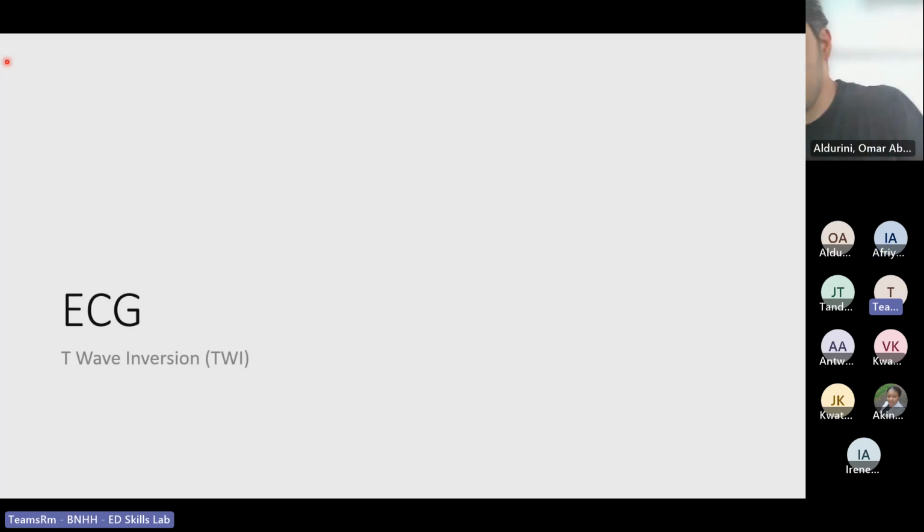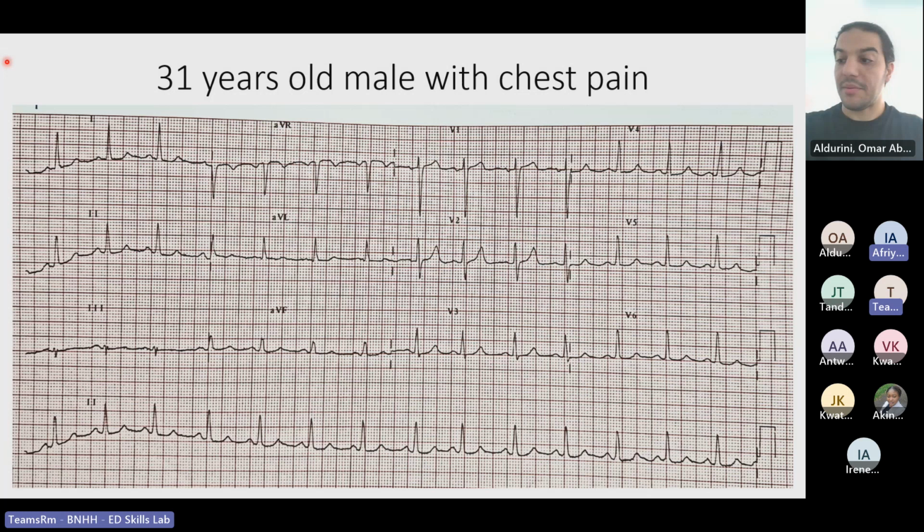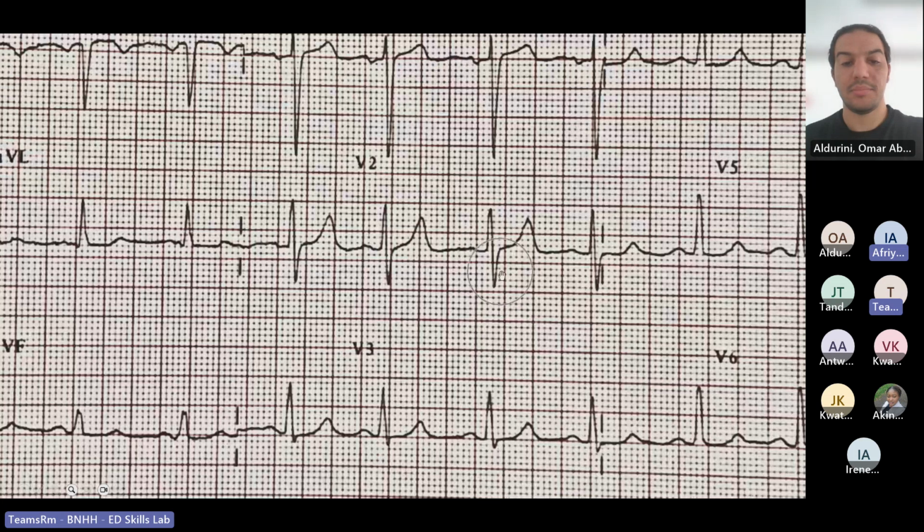Please, I have a question about the previous ECG. If you look at V2, I can see it's wide. After the QRS complex, I don't know whether it's normal here or not, but it's a bit wide compared to the other ones.